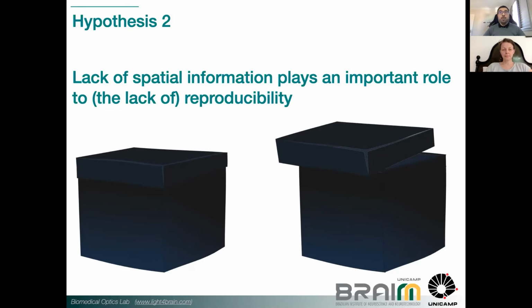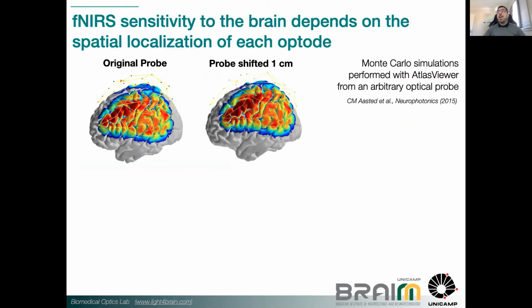And that's also true. And we actually investigated it with a very simple Monte Carlo question, where we just get one original probe position, and we just shift the probe 1 centimeter to the side, right?